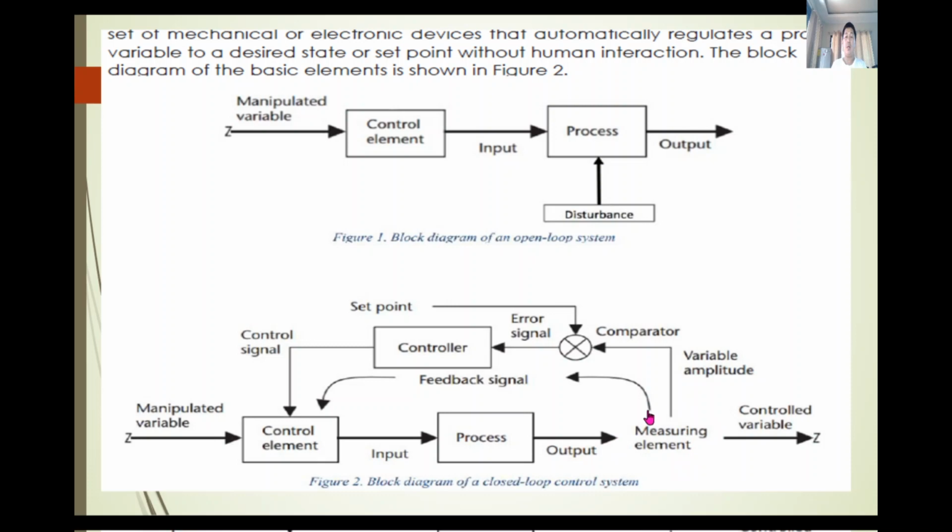So whatever the measuring element reads here, it will send to the comparator, then to be monitored by the error signal, and sent back to the controller to compare to the set point and send back the signal to the control element, give again the input, and it is processed, and when the input is processed, there is an output here, the result, which is the same as your set point.